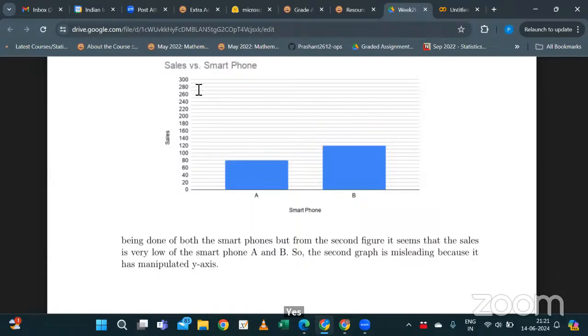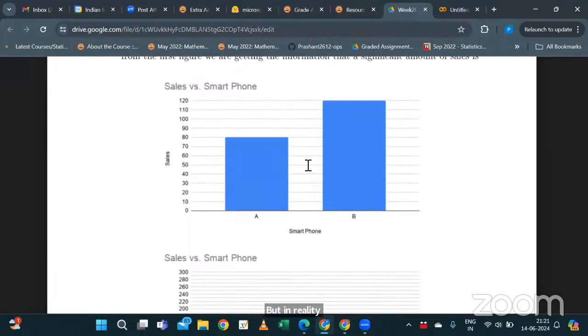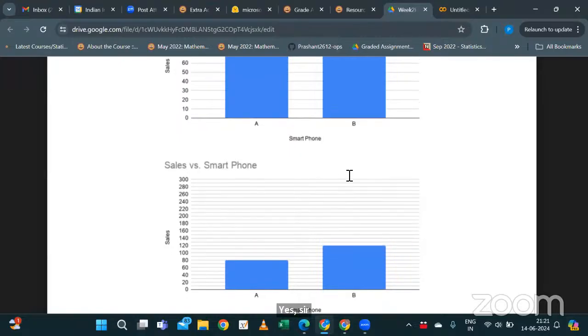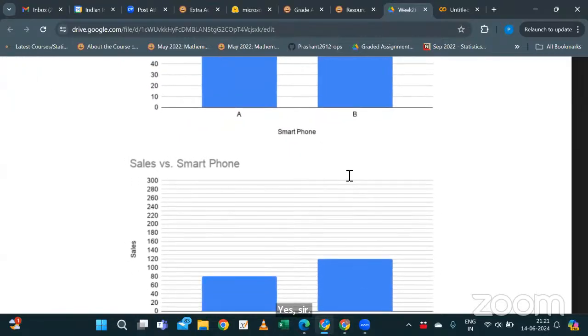If you expanded till 300, then you can see in the second figure that the sales for smartphone A and B look very low. But in reality, it is not. Sir, in graph 2, it's very difficult to read the graph.